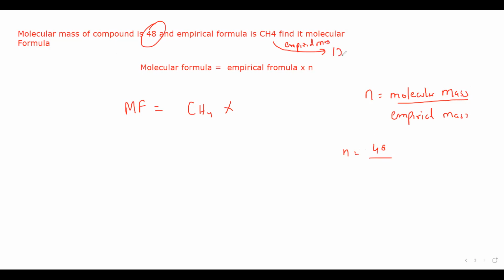So one carbon is there, that's 12, plus there are 4 hydrogen. Each hydrogen is having a mass of 1. So 4 multiplied by 1, that's equal to 4, plus 12, total 16. So it will be 48 divided by 16, that's equal to 3. So value of n is 3. So this 3 is multiplied with carbon and this 3 is multiplied with hydrogen as well.